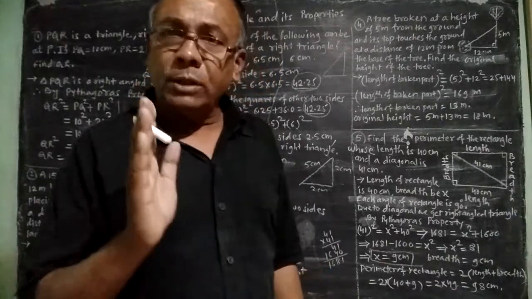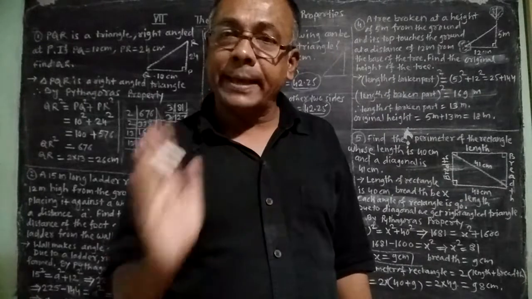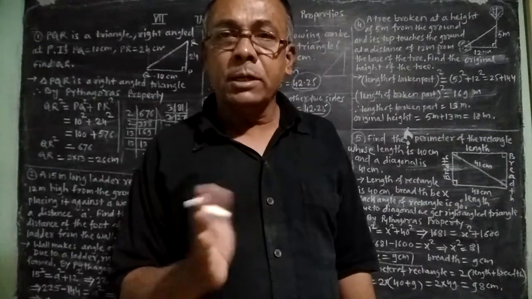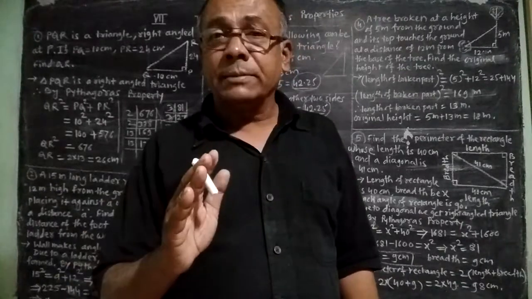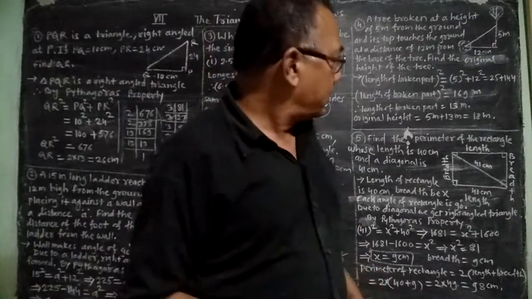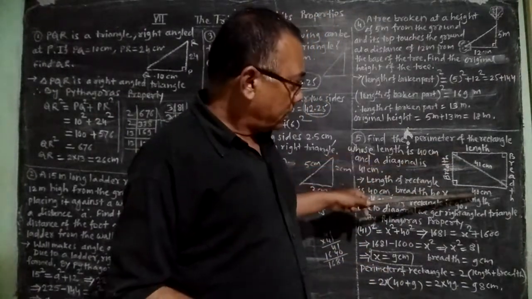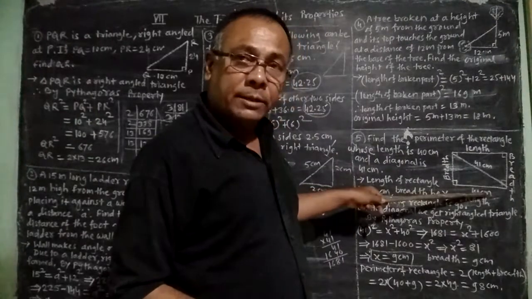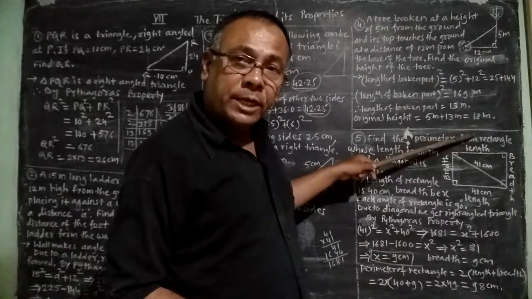So to solve this example, we must know the properties of the rectangle. The first property is that the opposite sides of the rectangle are equal. Means if length of the rectangle is 40 centimeter, then its opposite length is also 40 centimeter.